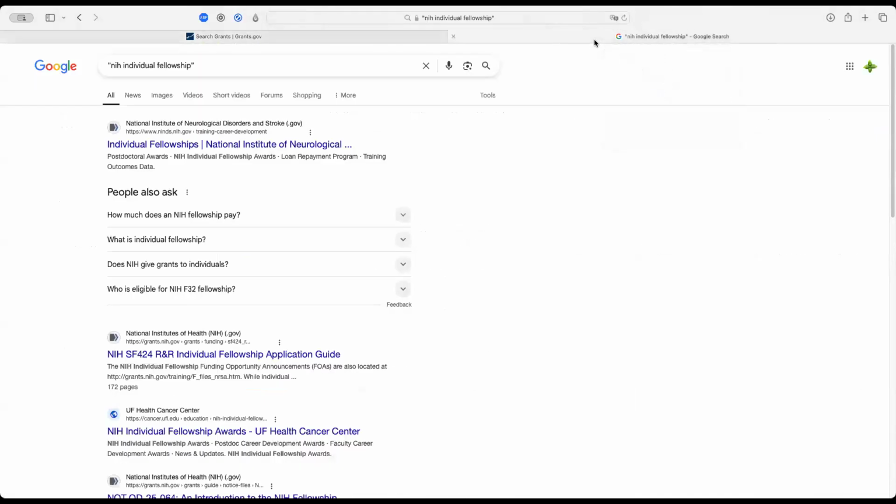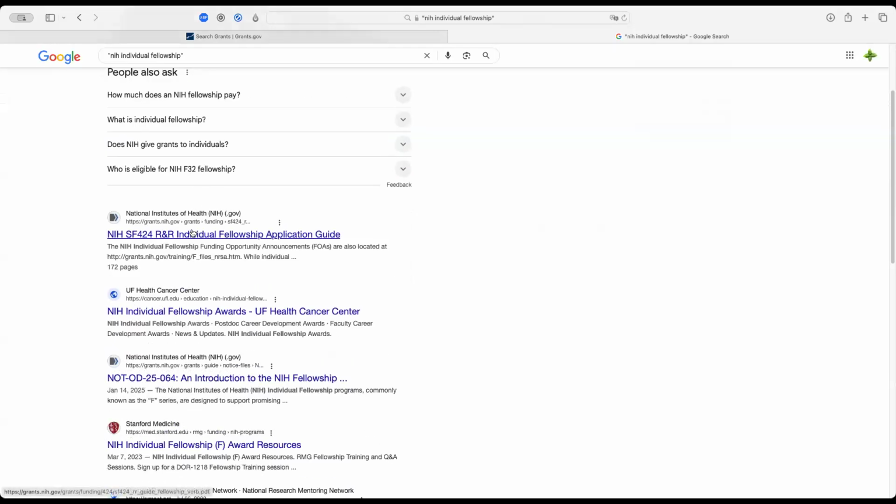Now compare if we did a Google search for NIH individual fellowships and we see, oh, well, here's one for the National Institute of Neurological Disorders and Stroke, which if that's what you're doing is great. But let's take a look at the second page here.